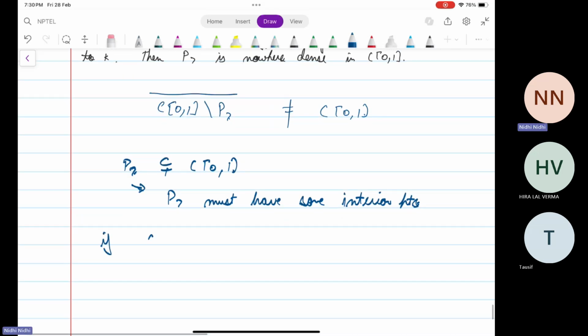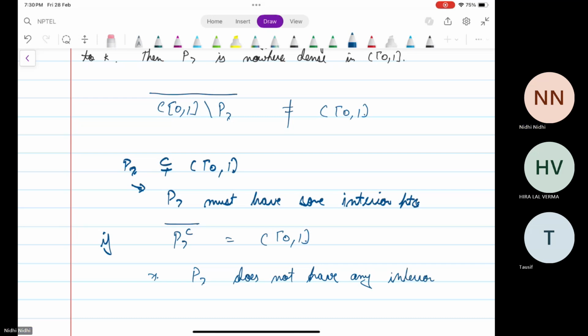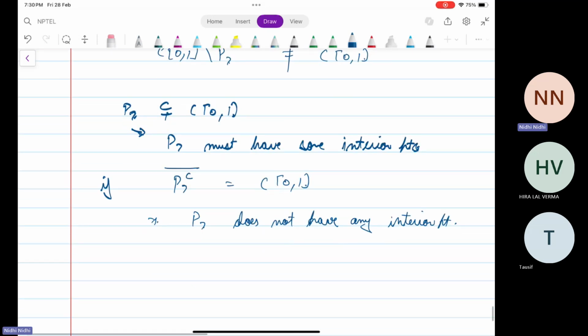Now if C01 minus P7, that means the P7 complement, has closure equal to C01, in that case P7 does not have any interior point. But this is a contradiction.